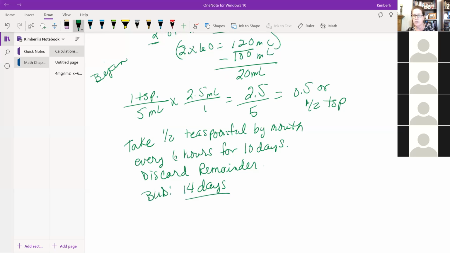Whatever today's date is, today's the 15th, so if we were to fill this today, it would say 10/29/20. Now, the best use date really has nothing to do with the fact that they're only going to take it for 10 days. We just want them to make sure if it's still in their fridge after 14 days to toss it, right? So that is our auxiliary label.